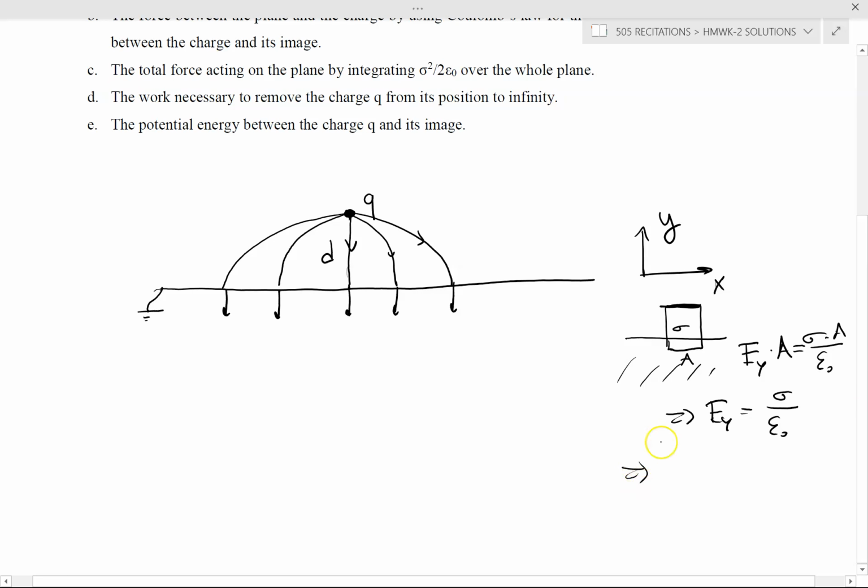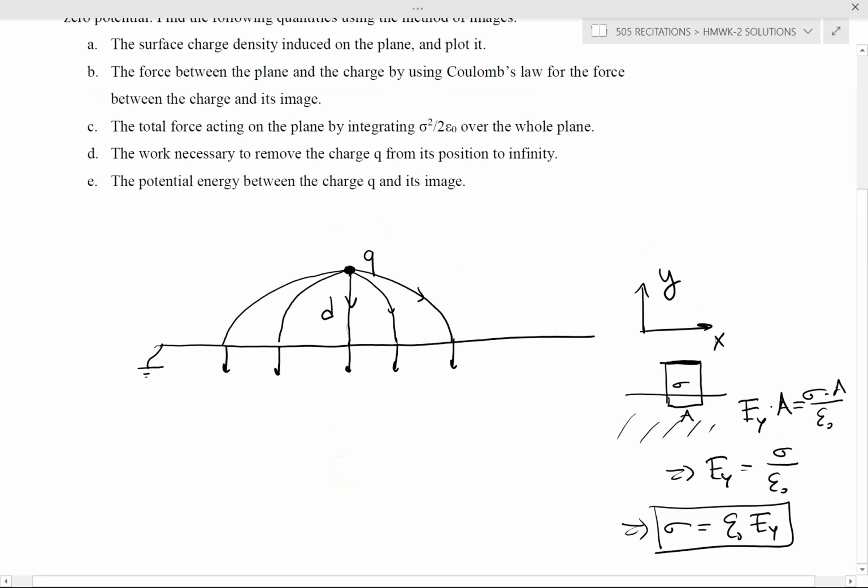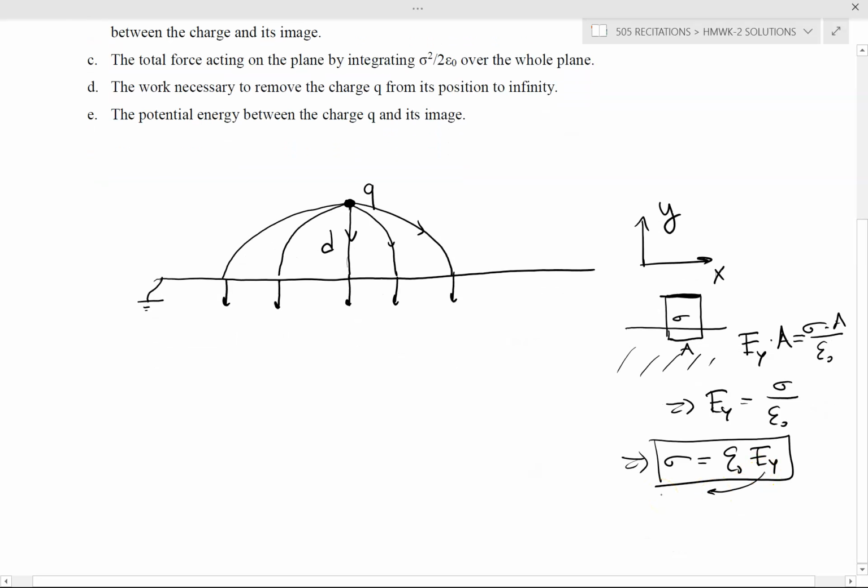If I calculate the E field, I can end up with the charge density in a simple fashion in this form. Okay, so if my purpose is to calculate the E field at the conductor surface, then by using that function I can extract the information of the surface charge density too.